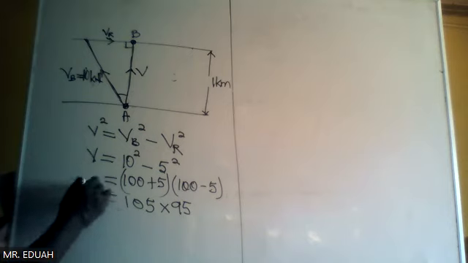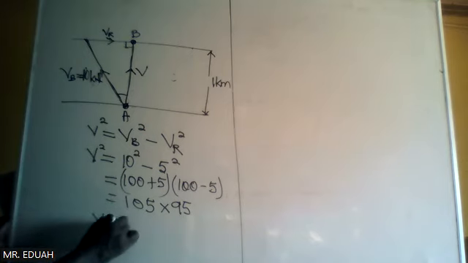When you multiply and then take the square root of it, you find V.